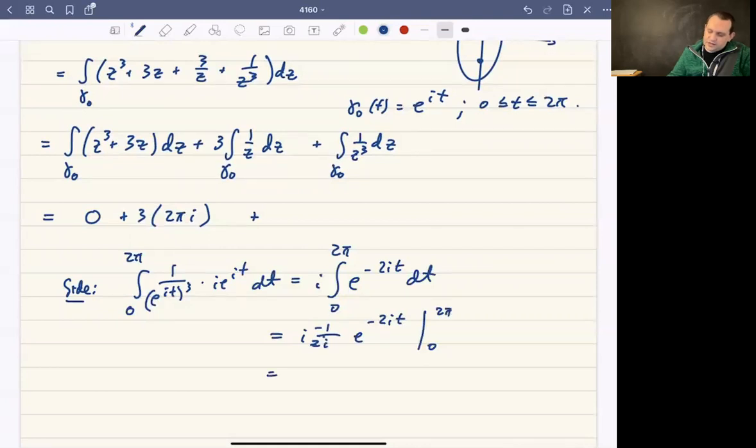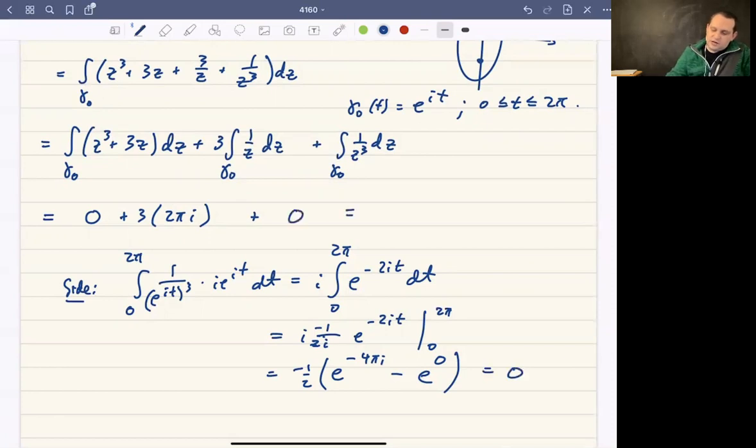This is some constant, in this case negative 1/2, times e to the negative 4 pi i minus e to the 0. Both of those quantities will be the same value, 1, and therefore this integral ends up being 0.